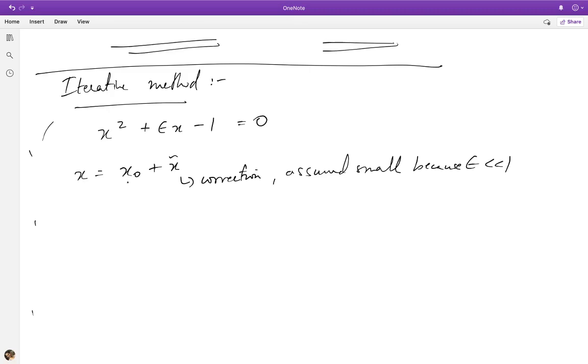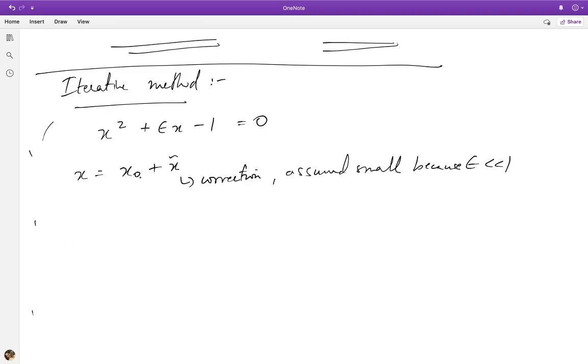You start with a guess that is close to the true solution, and the error is x tilde. What we want to do is derive an equation for x tilde that we can iteratively solve until x tilde goes to 0 and leaves us with x0 as the approximate solution to the given order of accuracy.